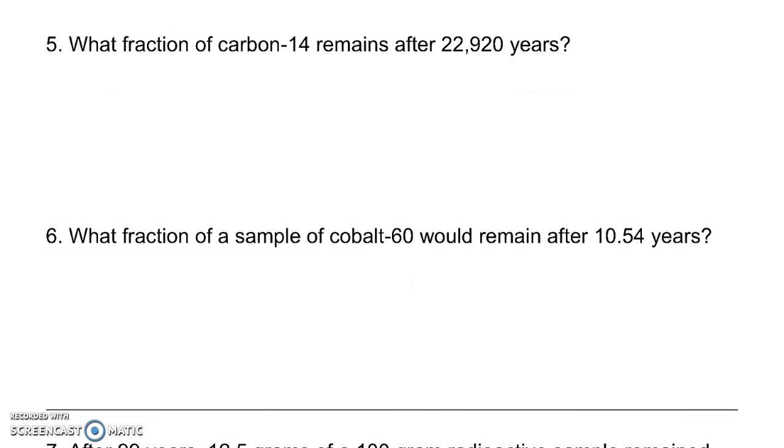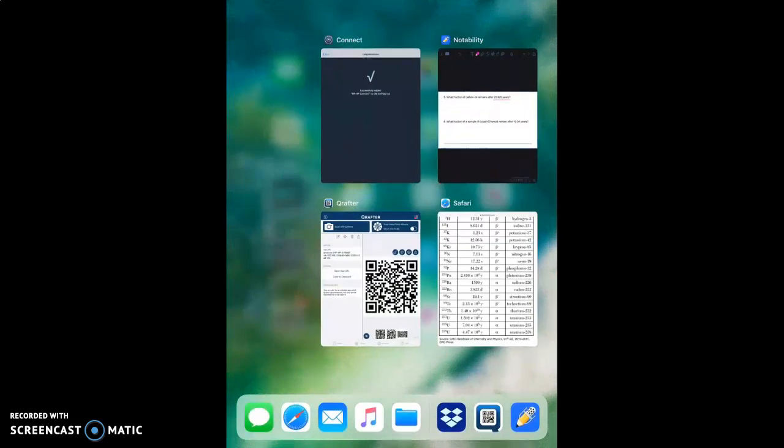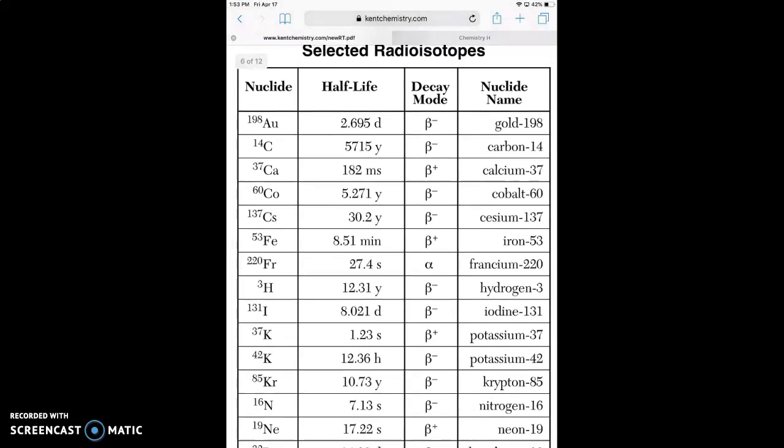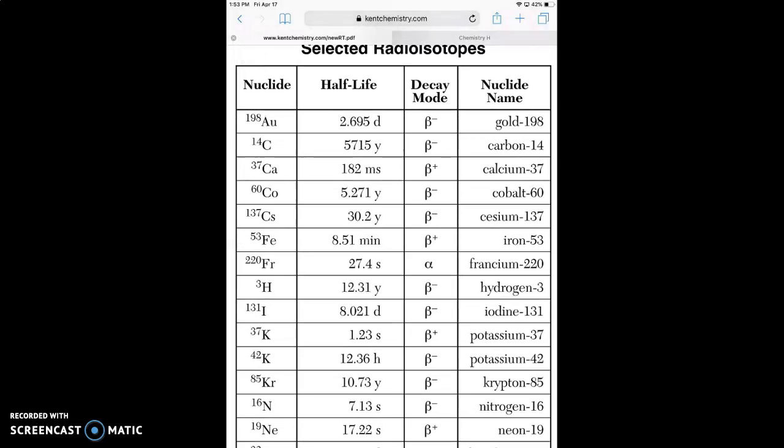Number 5, so this one again is a little bit different. It's similar to number 3 in that they gave me a total time. So if I know how much total time went by, I can go to table N. Okay, so the half-life of carbon-14 is 5,715 years.